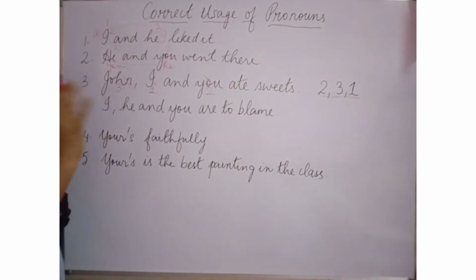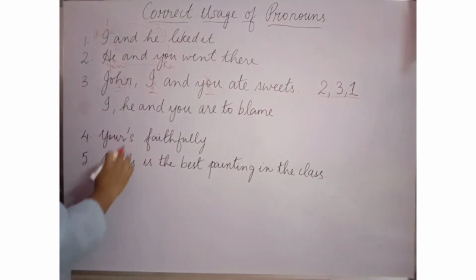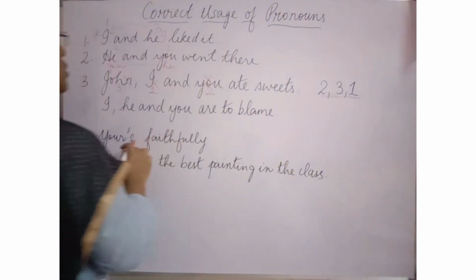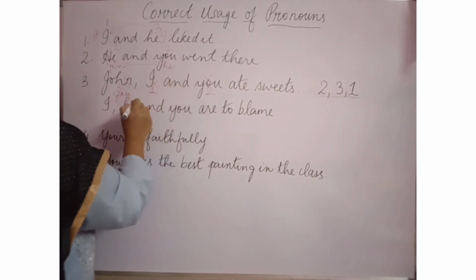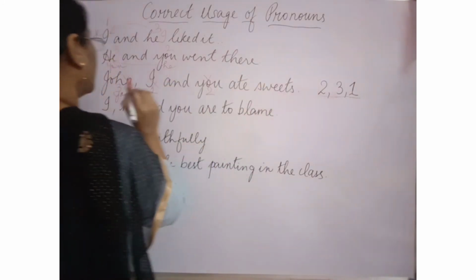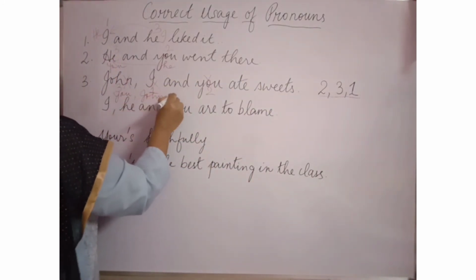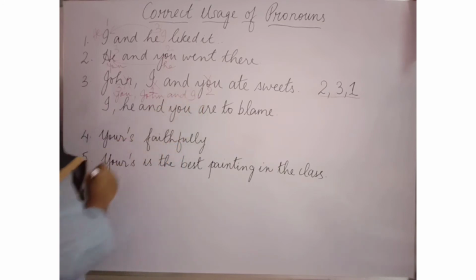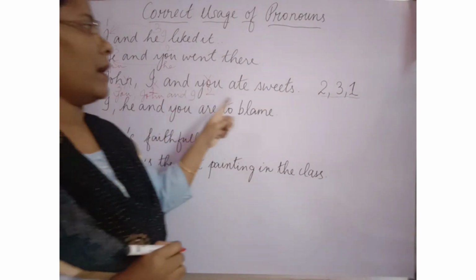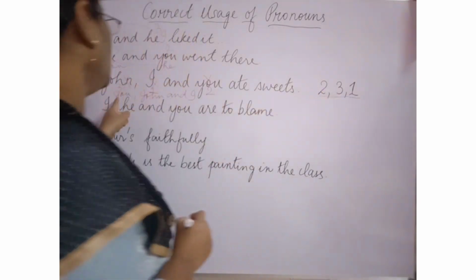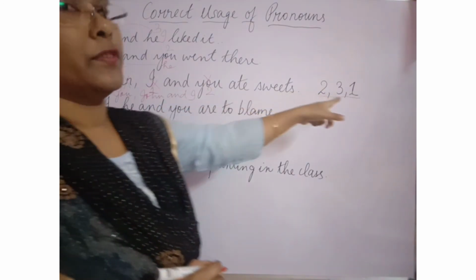So what should be according to this arrangement? 2 is you, so we should have written you, third person, that is John, and I. Okay, so this is the correct arrangement. You, John and I. So it follows this arrangement. You second person, John third person and I first person.